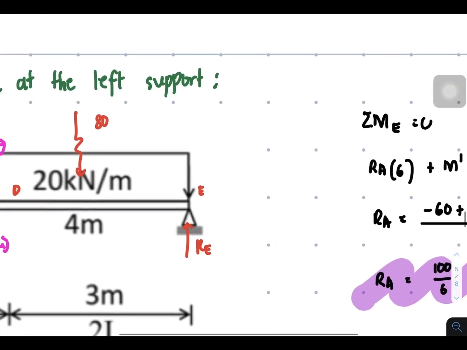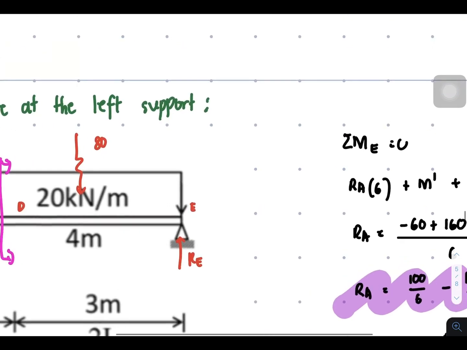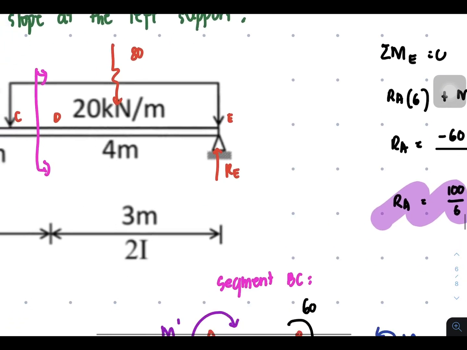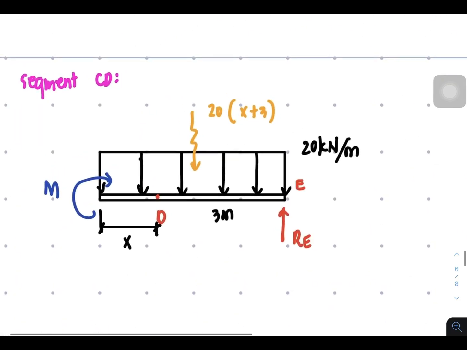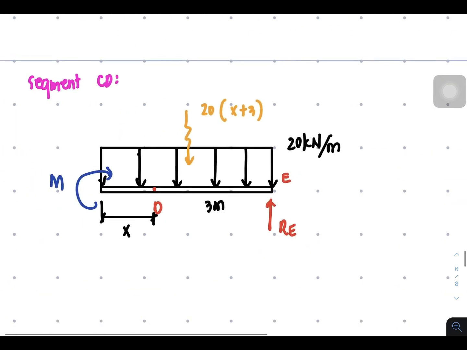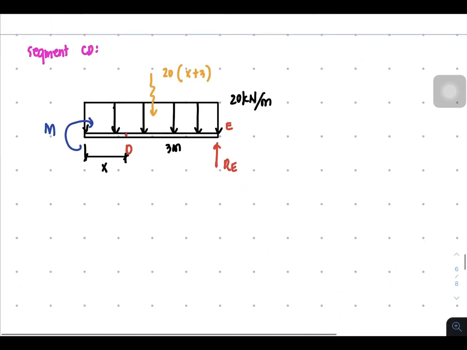Right now, we no longer see it. So it no longer extends. Okay, it is no longer 80. So only that section or only that loading is what we see. So here is the illustration, and let us now get the moment equation.